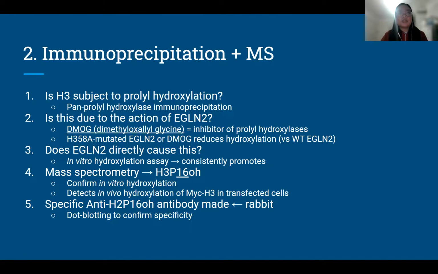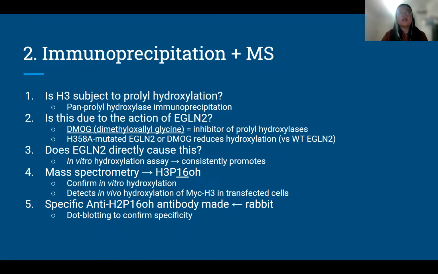Afterwards, they need to know whether EGLN2 indirectly or directly causes the hydroxylation. So they did some other hydroxylation assays and found that EGLN2 consistently promotes hydroxylation of H3 histones. Then they need to confirm the in vitro hydroxylation because, as you've probably noticed, they're using immunoprecipitation, pan-immunoprecipitation actually, to determine whether H3 is hydroxylated.